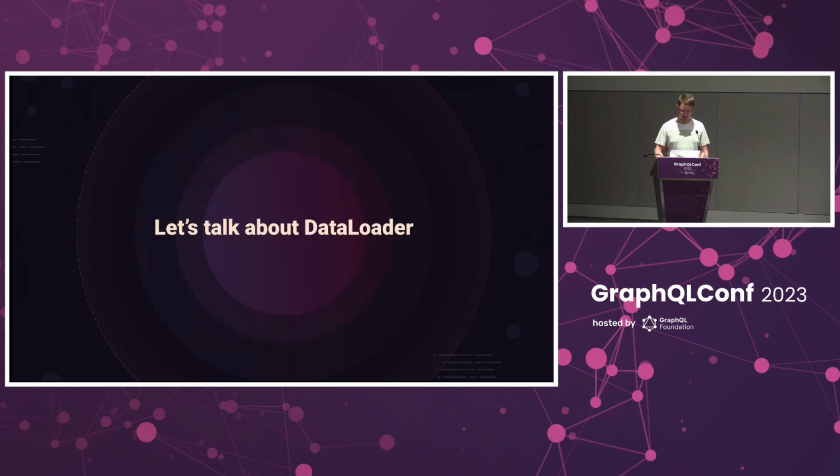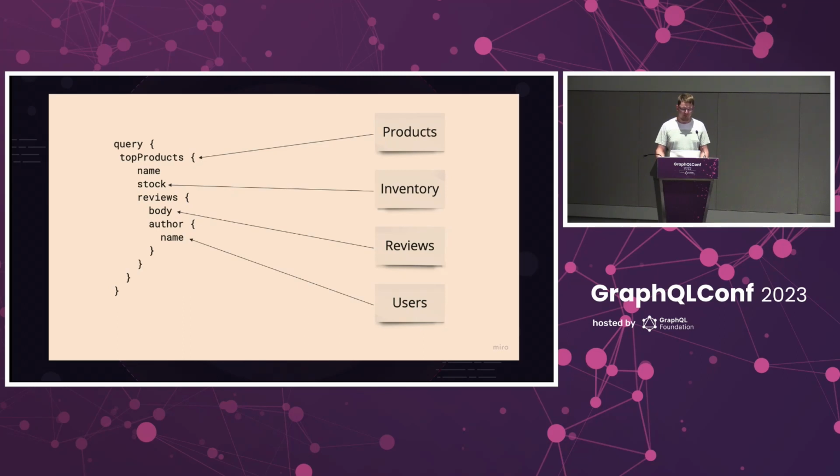And now let's talk about Dataloader. When you have a query like this with top products, that gives you a list, as you can guess, and then you load inventory from another service, and you load reviews, you probably know that it might make sense to do some batching down the tree because you don't want to load all the individual items.